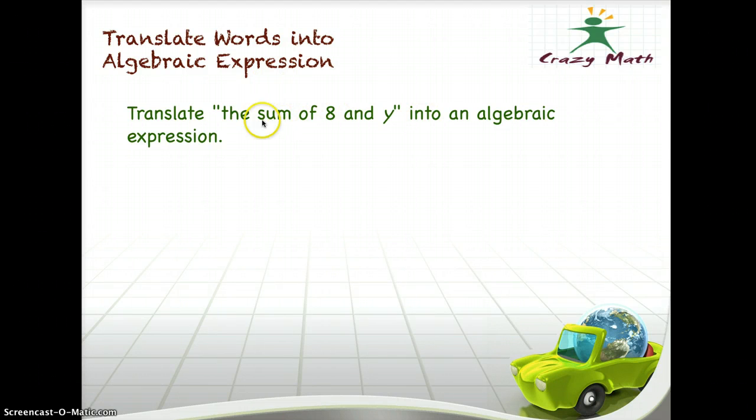The word sum will indicate that we are adding, so we're going to add 8 and y. To write the algebraic expression, you're given the variable y, so you're going to use y and it should be 8 plus y.